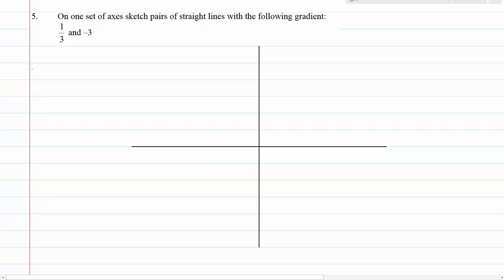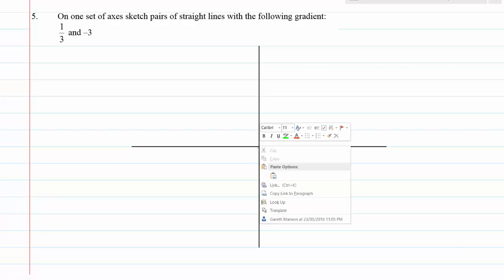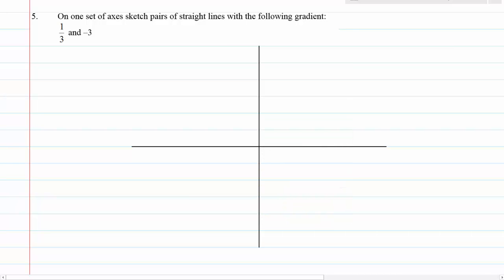And some of you might also recall that this is a question asking if you recognize the concept of perpendicular lines. So first of all, a line with a gradient of 1/3 means that it will go up. I'm just going to have them meet at the origin. It will go up by a rise of 1 to every run of 3.